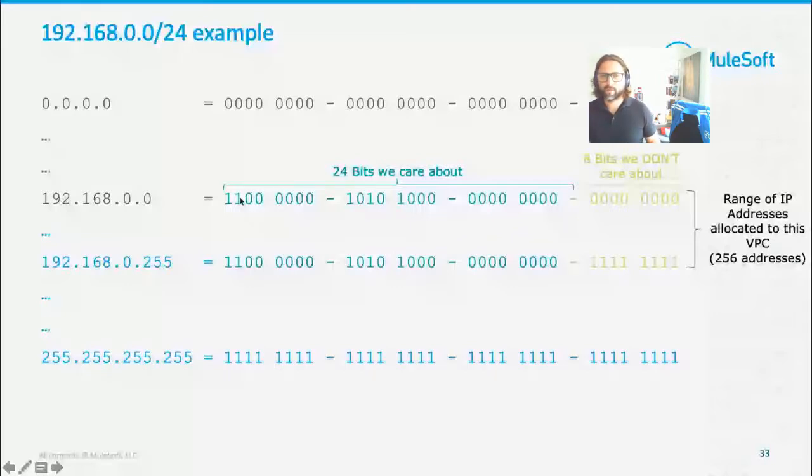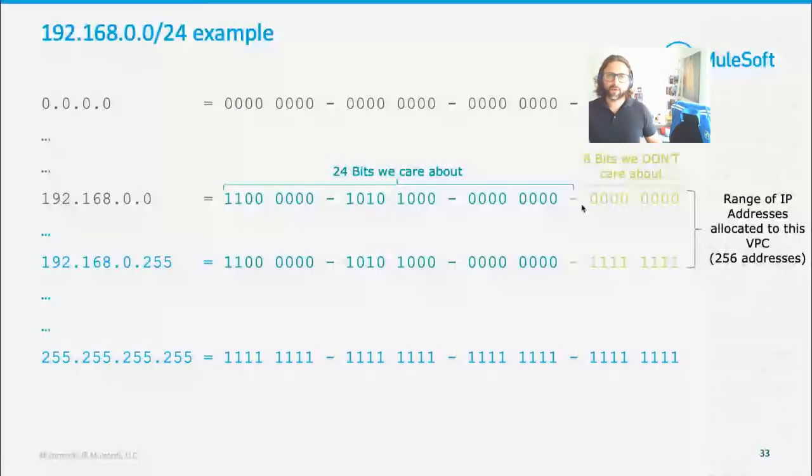We have the same first 24 bits, and we will use the remaining 8 bits to assign IP addresses in our network. With 8 bits, we can assign up to 2 to the power of 8, which is 256 addresses. That's the size of our VPC, 256.